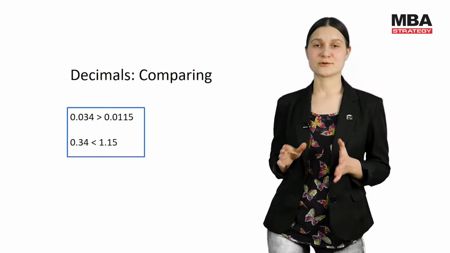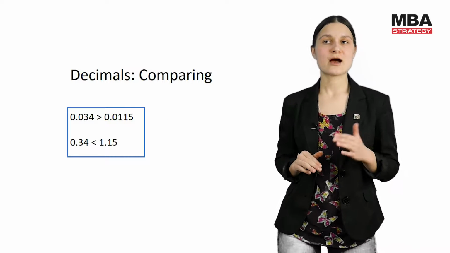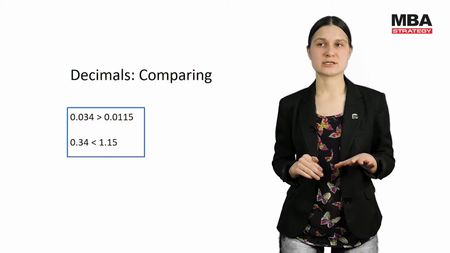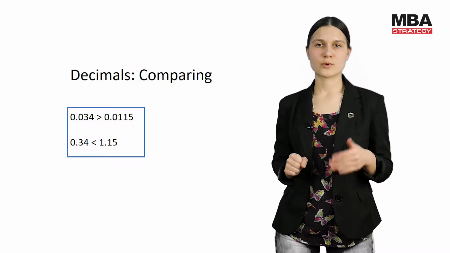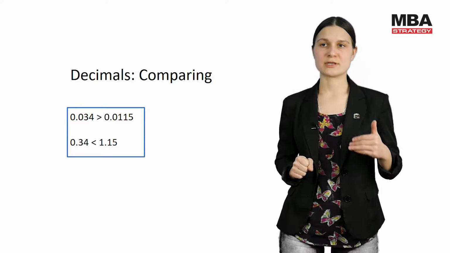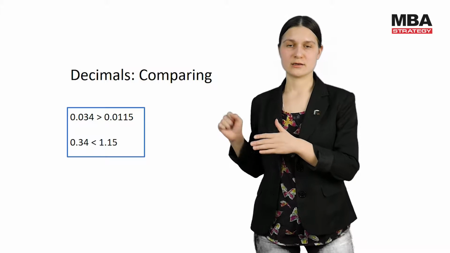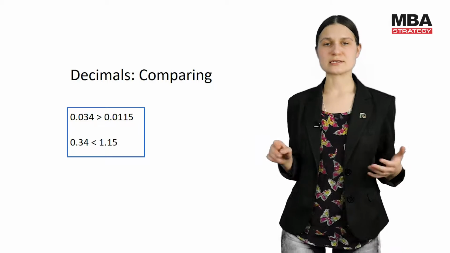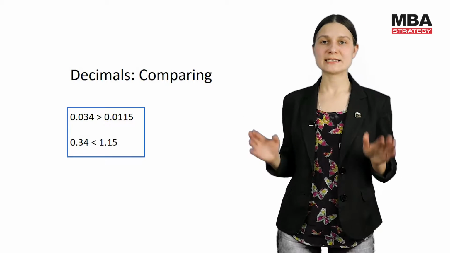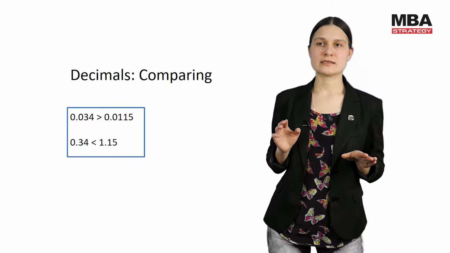And the last notice for today's lesson is really short. It is how to compare decimals, and what to pay attention to. So let's consider the first example with 0.034 and 0.0115. It may seem that 34 is less than 115, but please pay attention to the decimal places.